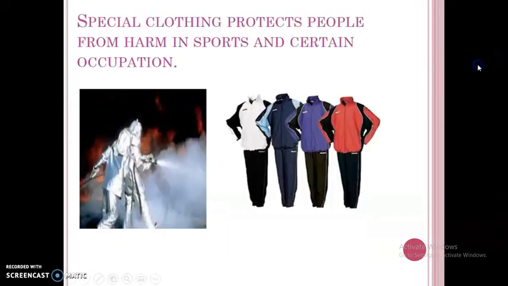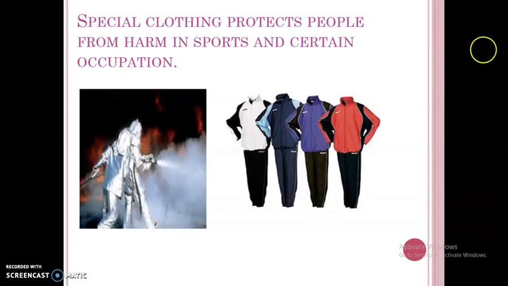So next, we move on to different clothing designed for specific occupations, specific hazardous occupations, or sometimes a special kind of clothing required in sports and other activities. These are the kind of clothing which help you to again protect yourself from the external environment that you are present in.